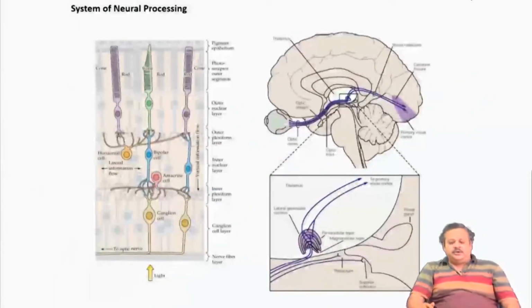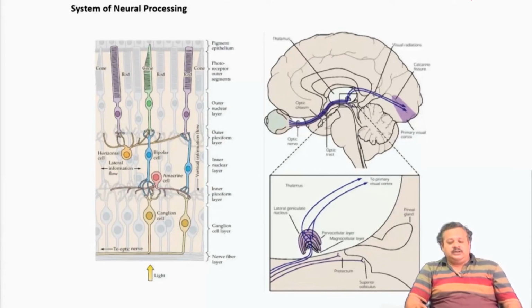So, in the visual system, as we have said, the hierarchy is like this, that it starts with the retina. So, on the left hand side is the retina, where light is falling on the retina from the bottom side, and there are photoreceptors that are rods and cones.